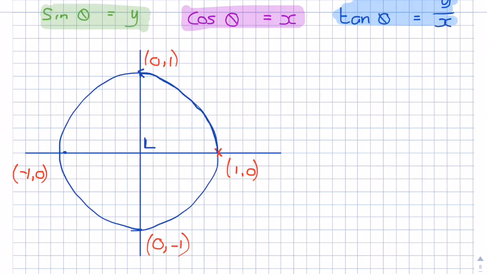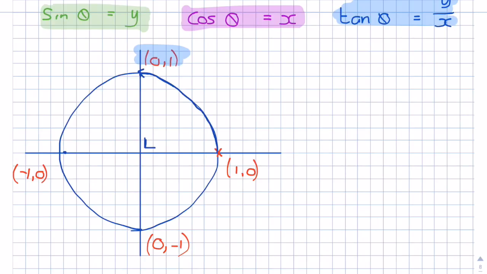So what is the sine of 90 degrees? Well, as you can see up above, the sine of 90 is the y coordinate at that point, and the y coordinate at that point, up here, is 1.